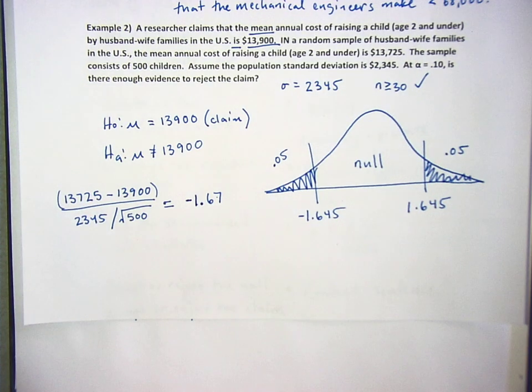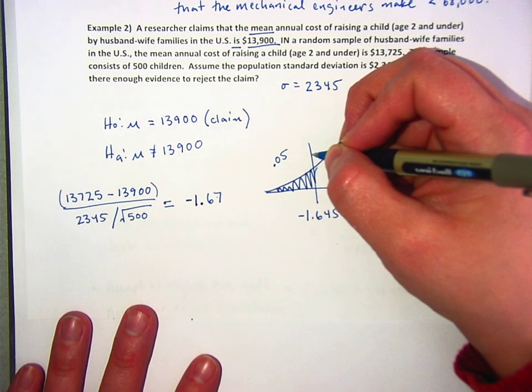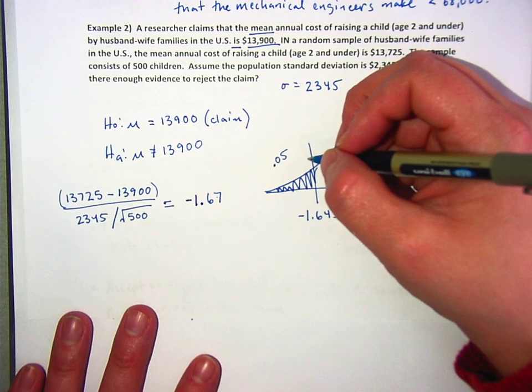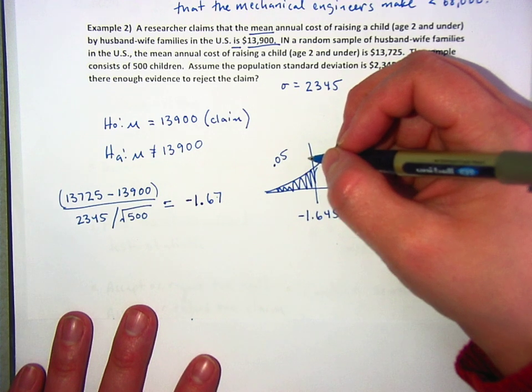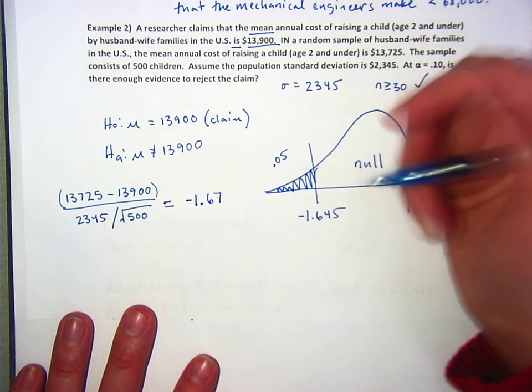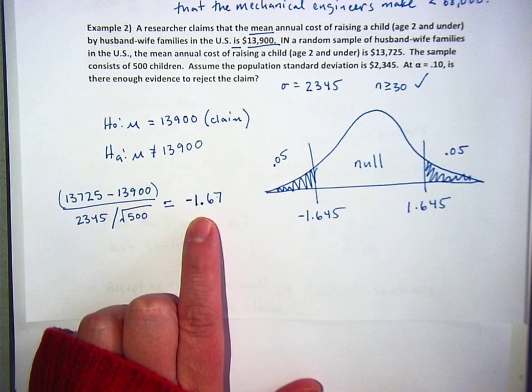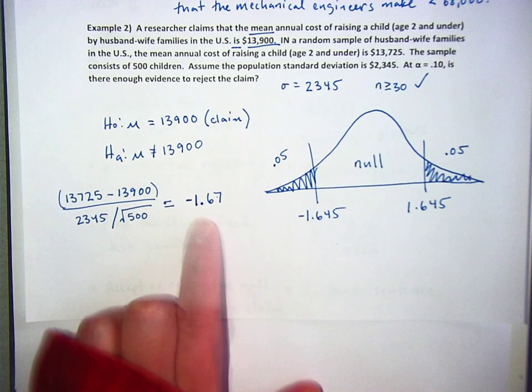Negative 1.67. Cool. By doing it your way, you subtract, multiply by the square root of 500, and then divide. Yeah, that's fine. That's just flipping the fraction and multiplying.